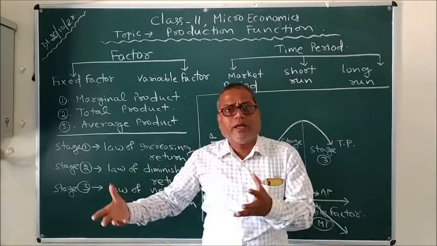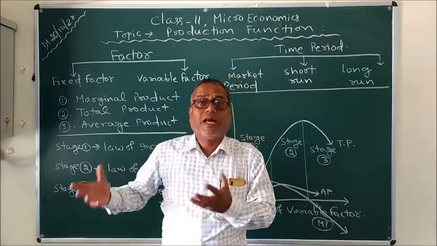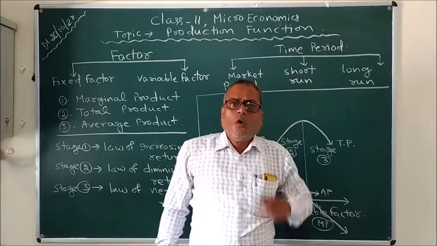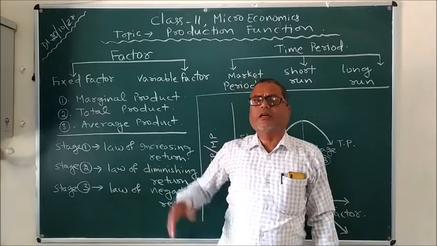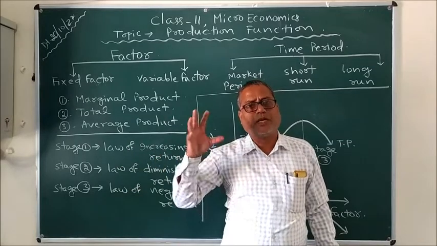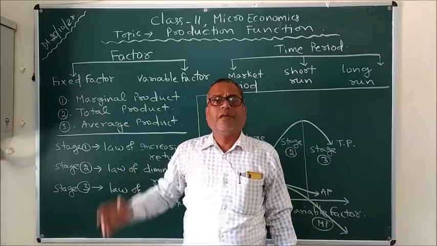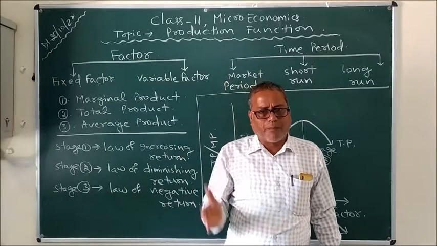So in this way, in order to increase our production level, we are changing the factor proportion. So what happens to total product when we continuously increase the number of variable factor? That we can learn from a universal law called the law of variable proportion.